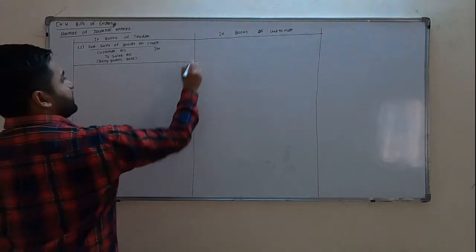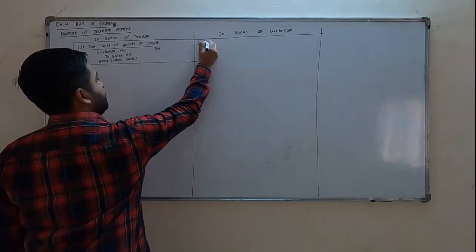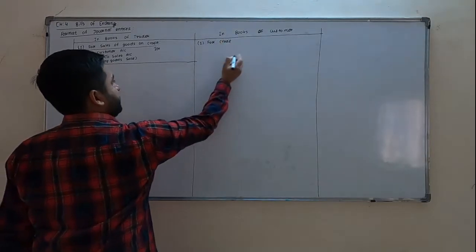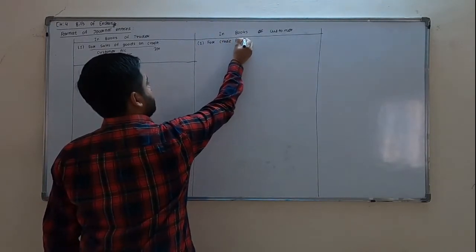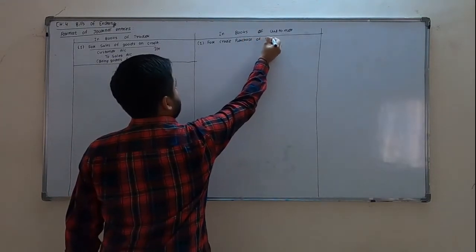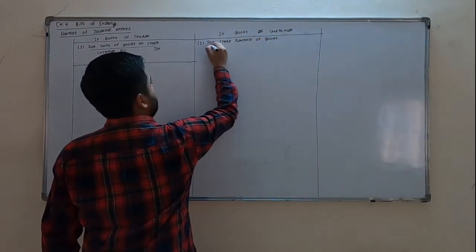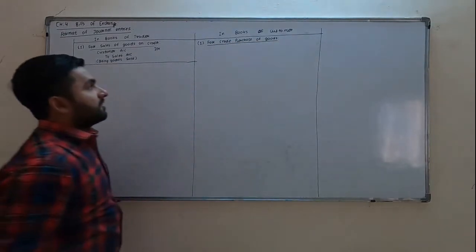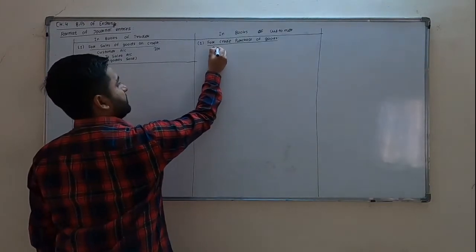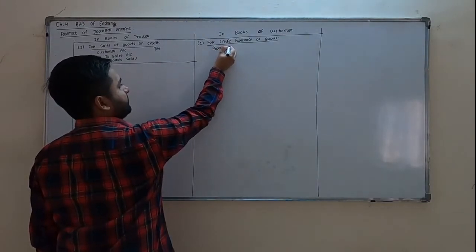Now here we will write entry number 1 for credit purchase of goods. Here goods are purchased on credit, here goods are sold on credit. So here the entry will be opposite, here goods are coming in.